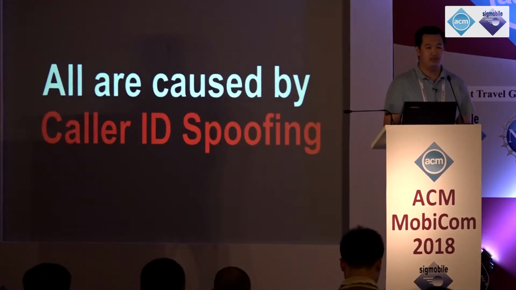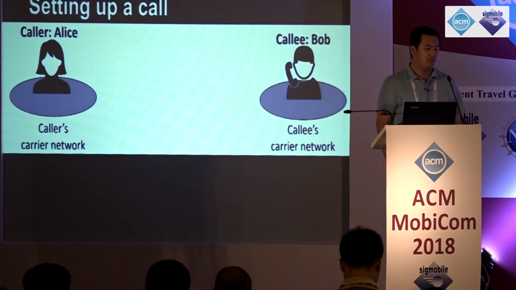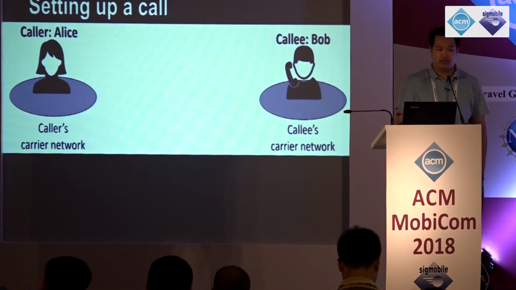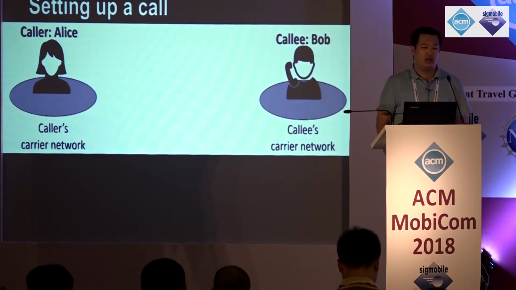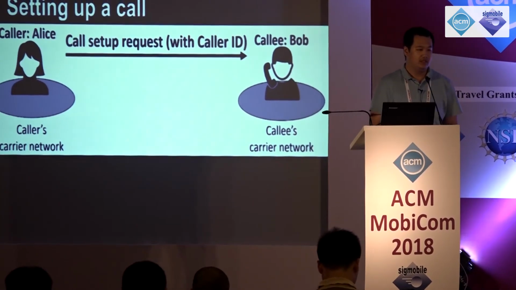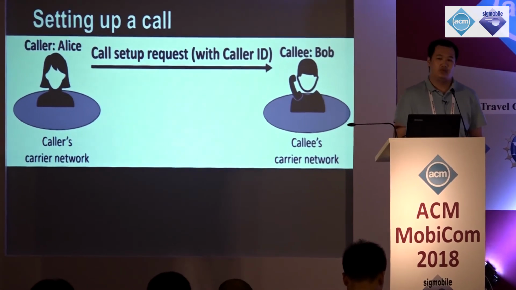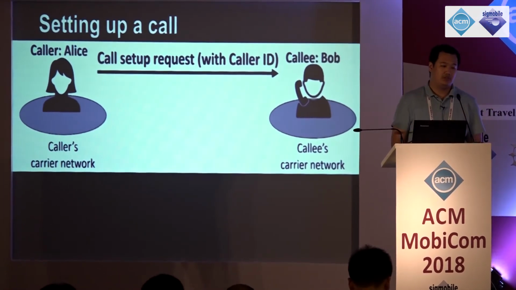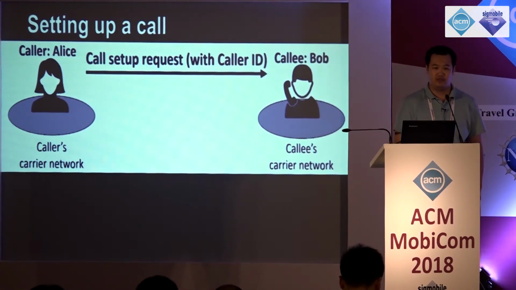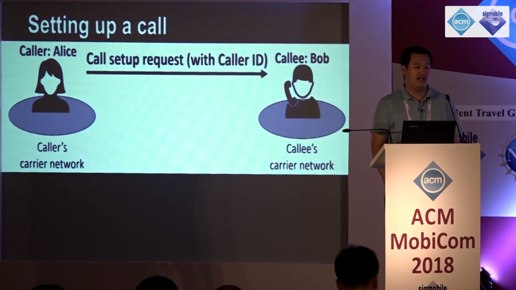All of these are caused by caller ID spoofing. To understand why it happens, I would like to introduce a little background about how we set up a phone call. It is very simple. It takes 3 steps. The caller Alice wants to make a phone call to Bob, so she sends a call setup request which contains the caller ID information, usually the phone number of Alice.